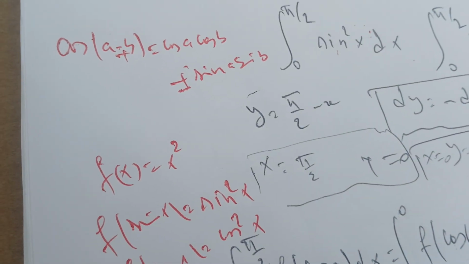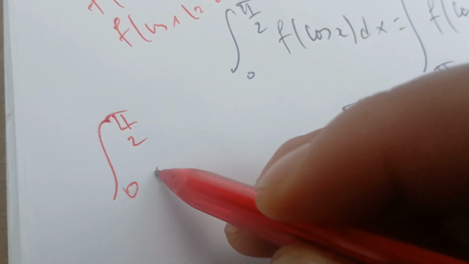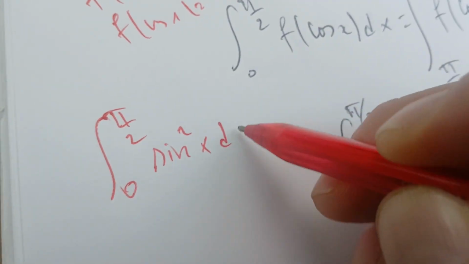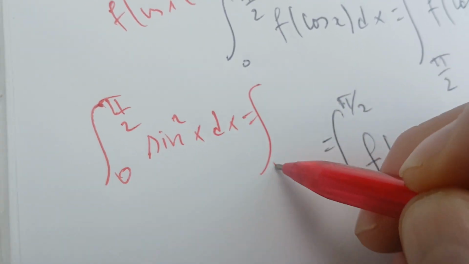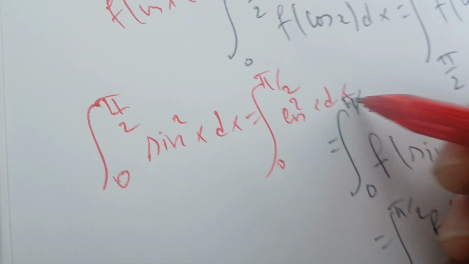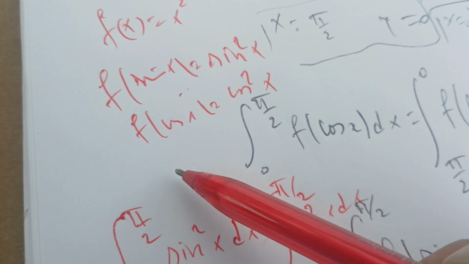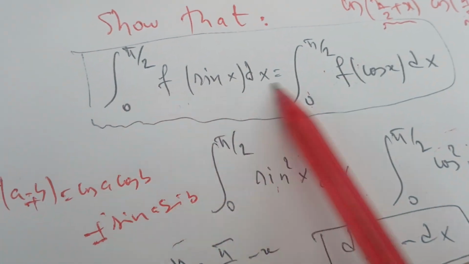Okay, therefore I have my f as x squared. Since I have that, now I can compute the value of the integral of sine squared dx, which is equal to the value of the integral of the cosine squared of x dx, using f of x as x squared and remembering this result we just proved.